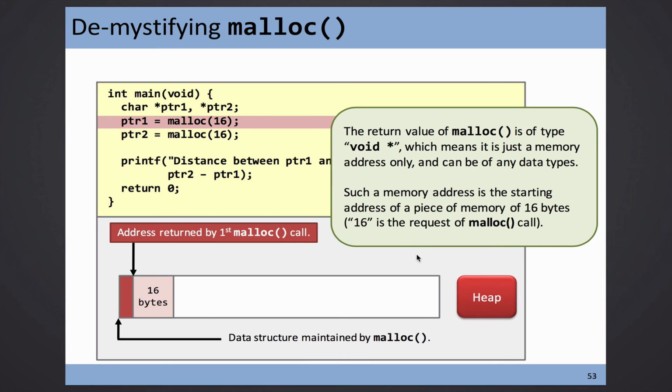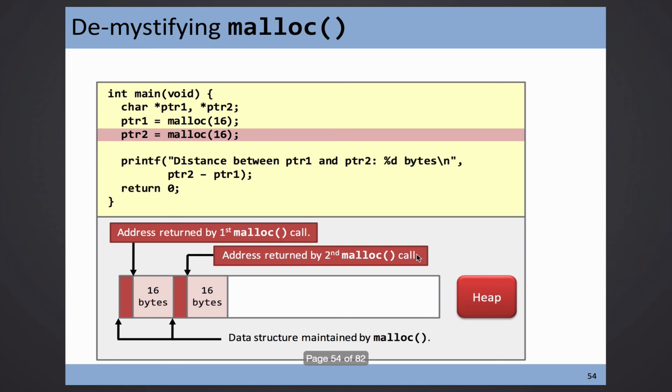And what's next? Next is your second call. Your second call will generate exactly the same pattern. There is a data structure before the memory that you can use. So the distance between them, I do a subtraction from this address to this address. The difference is 24. So that means in between, the data structure costs 8 bytes.